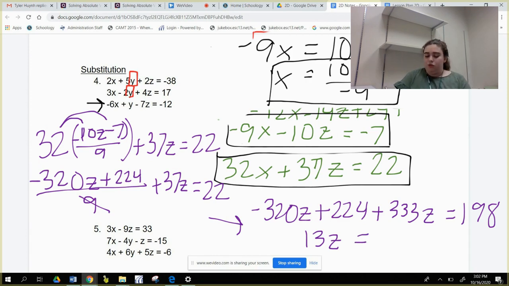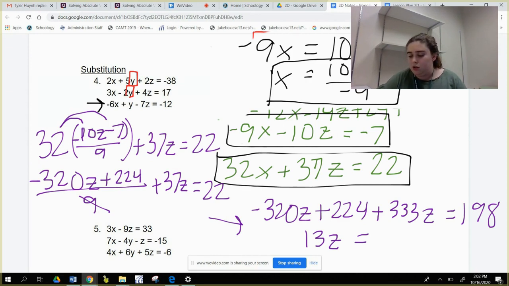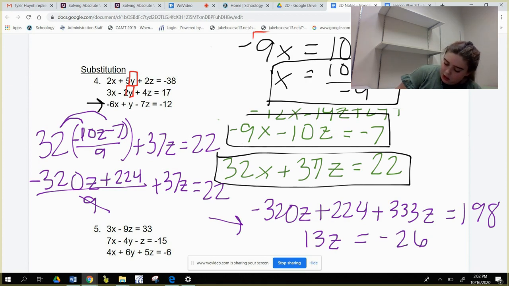Okay, then we're going to move that 224 by subtraction to the right side. Okay, so we're going to have negative 26 on the right side. Okay, then all we have to do is divide 13 on both sides.